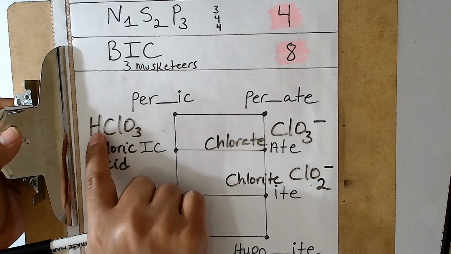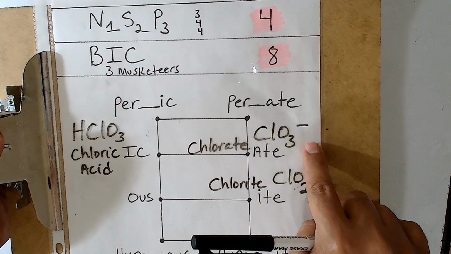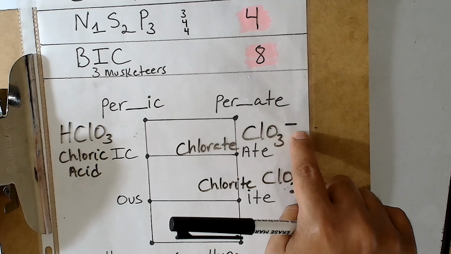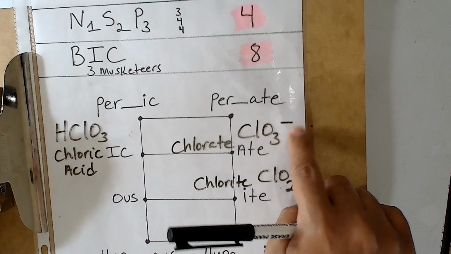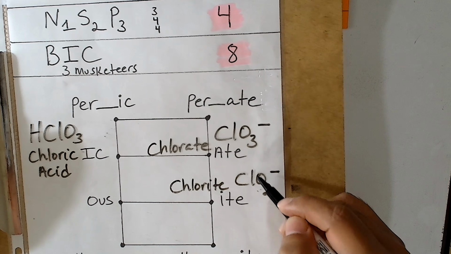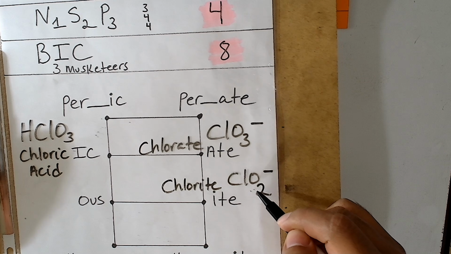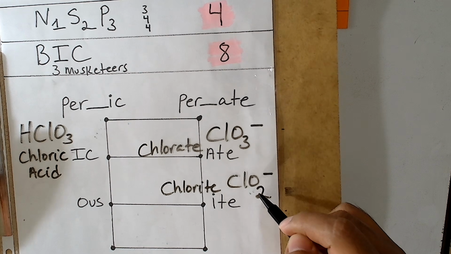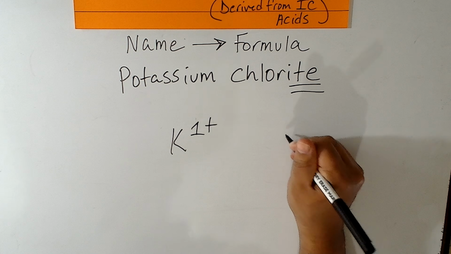Chloric acid donates 1 hydrogen ion, and in the process, it gains its 1- charge and becomes chlorate. 1 fewer oxygen going down would make us have the anion chlorite. So we would have ClO2 1-.